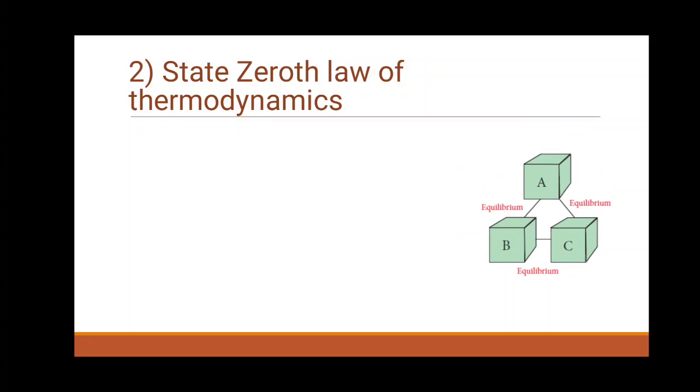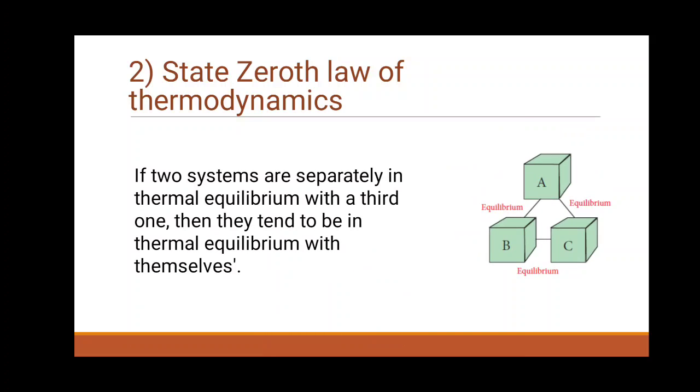At a time, the 3 different temperatures should give equal temperature. Why? Because in thermal equilibrium. So how can we write the statement? If two systems, that is, heated red bricks, are separately in thermal equilibrium with the third one, then they tend to be in thermal equilibrium with themselves.